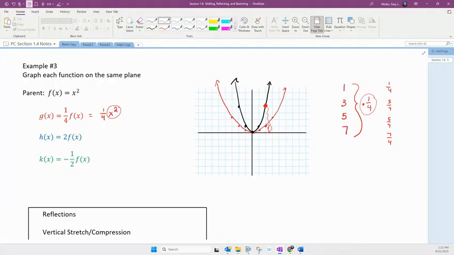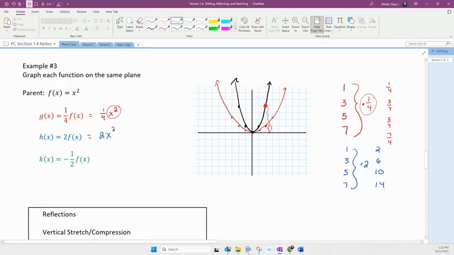Okay, so then that means for this one, which would be change color, 2x squared, where the 2 is outside of the squared, had nothing to do with the squared. Now we're going to take our 1, 3, 5, 7 and we're going to double it. So now we're going to go up 2, 6, 10, 14.